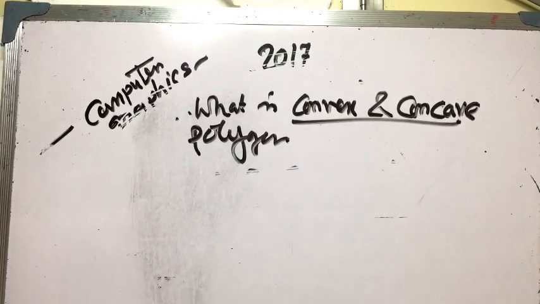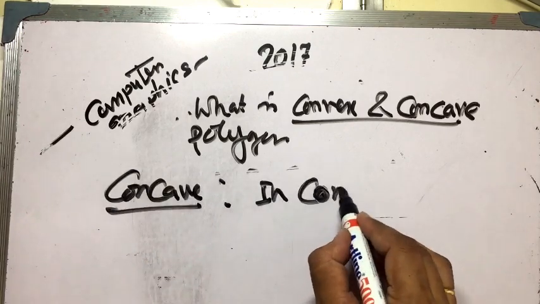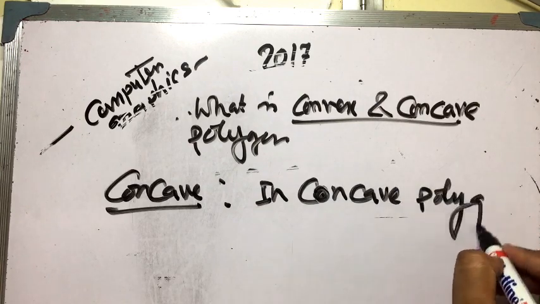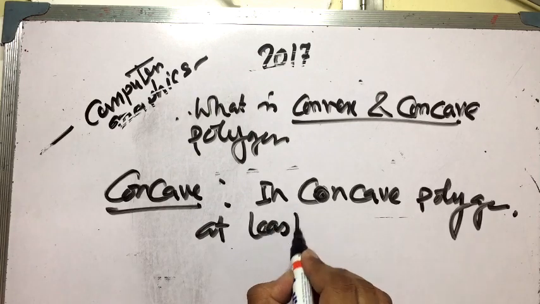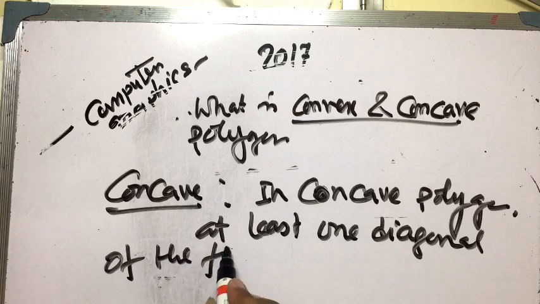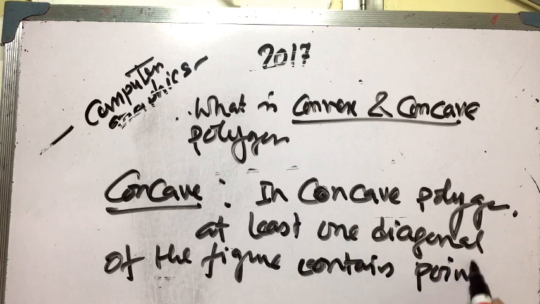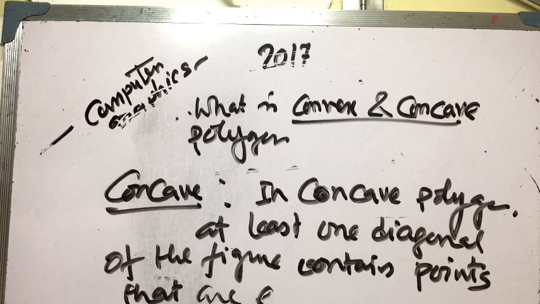In a concave polygon, at least one diagonal of the figure contains points that are exterior to the polygon. In case of convex, all are interior. So these are the convex and concave polygons.